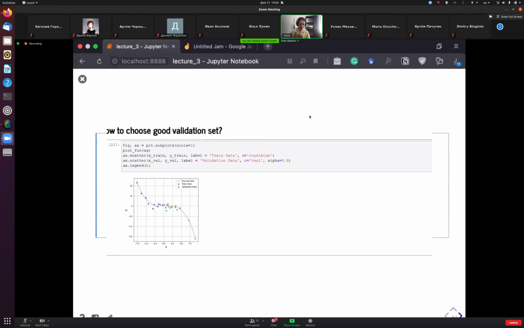Of course, it's not likely that you will do that on purpose, but such errors happen, especially if you're creating the validation set manually. For example, you say, okay, I will just take the first 100 observations as train, then the last 100 observations as validation, and then find out that the observations were sorted in your data set. So, would that be bad?